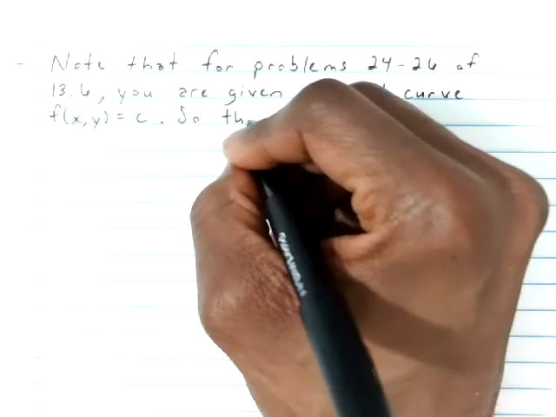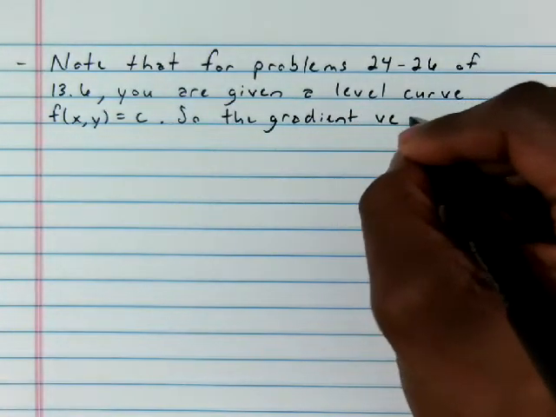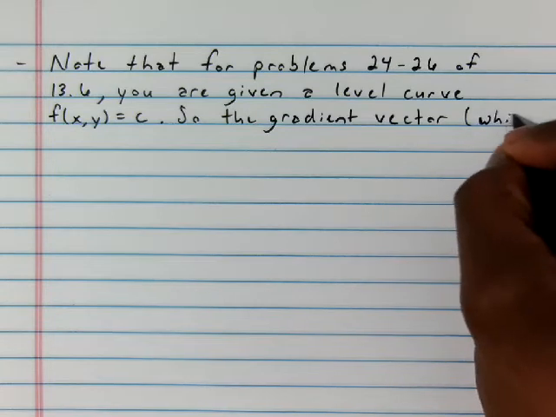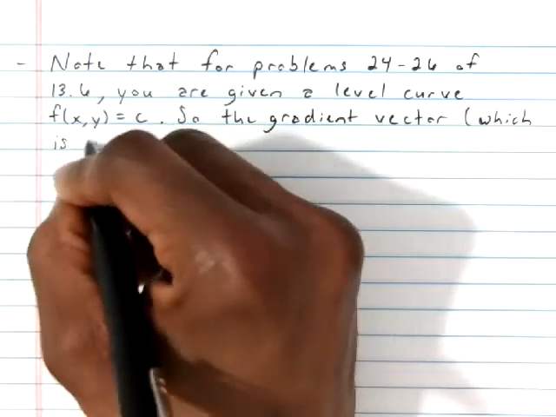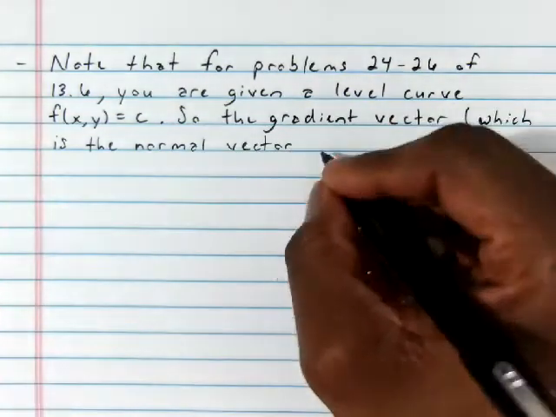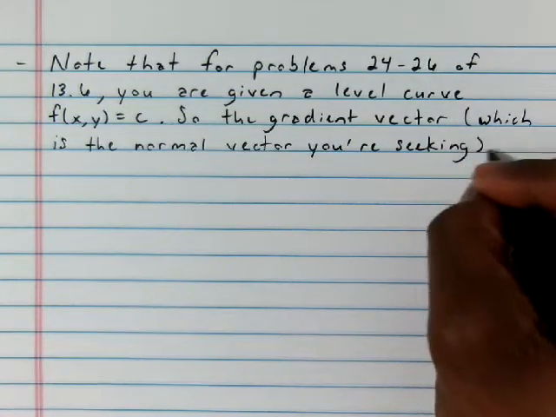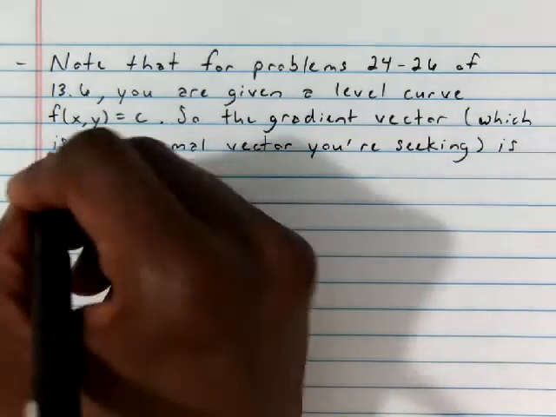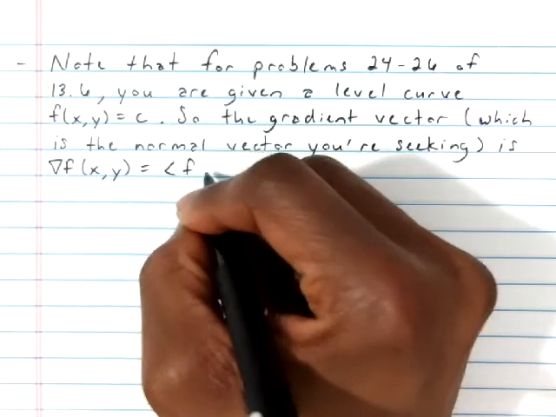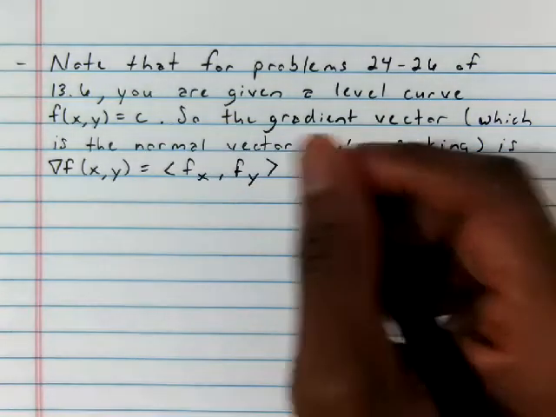So the gradient vector, which is the normal vector you're seeking, is the gradient of f at x y, which equals the vector whose first component is f sub x and second is f sub y. So that's what you're looking for in those problems.